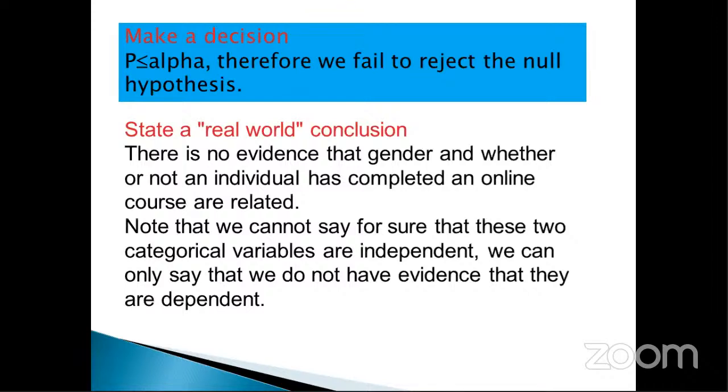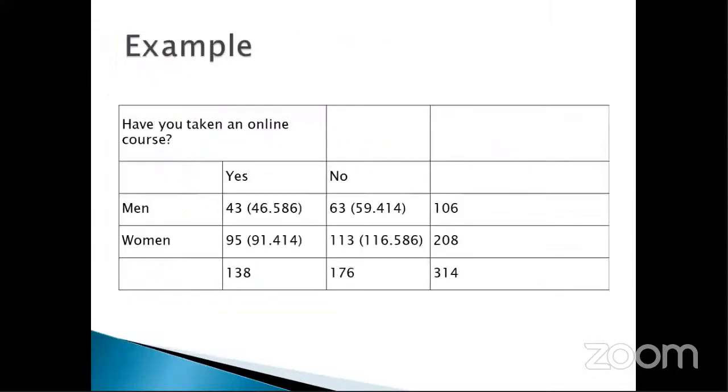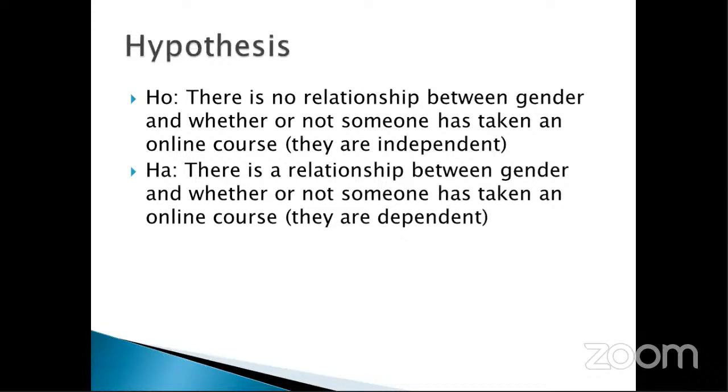But you will not just say, okay, null hypothesis is accepted. It means that you go back to your hypothesis. Now the hypothesis that you have stated is there is no relationship between gender or sex and whether or not someone has taken an online course.